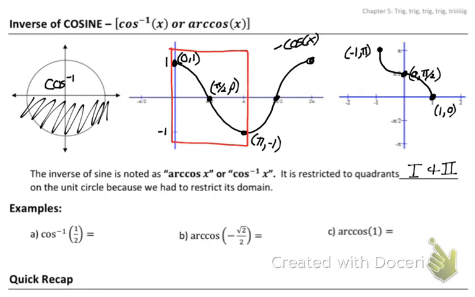Make sure it's in quadrant 1 or quadrant 2. David? What was that? Pi over 3. Do we all agree with pi over 3? Check it. Don't just assume it's right. Okay, what's our cosine inverse of negative square root of 2 over 2?